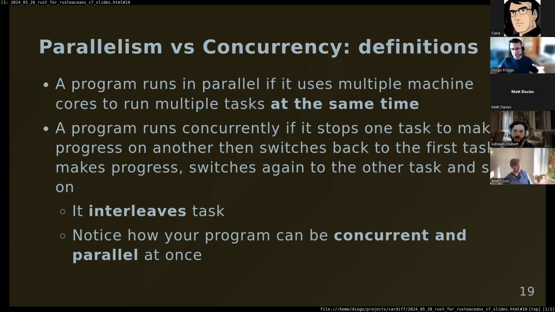If you have many cores, you can do things at the same time. But if you have only one core, you can do things concurrently. While something is waiting, you can spawn a thread and do something else. That's really useful as well, but it's a separate concept. As we talked about earlier, it's about interleaving. You can interleave tasks.